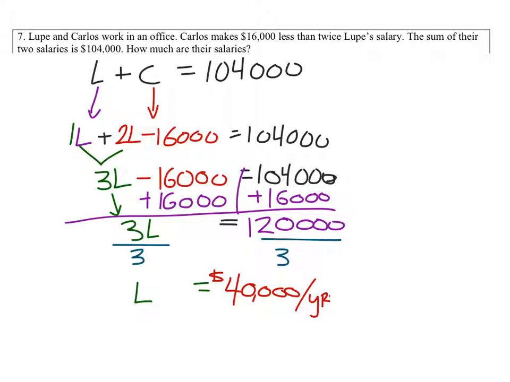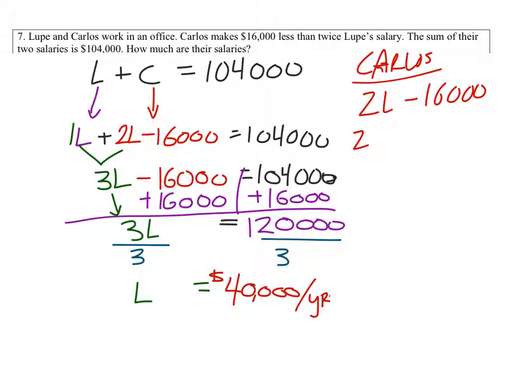Alright, well if that's how much Lupe makes, how much does Carlos make? Well, we remember that Carlos's was twice Lupe's, but then take off 16 grand. Or you could take the 104 grand and subtract 40. Either way, let's try it this way. 2 times the 40 grand, yep, that's 80 grand, then subtract 16 grand.